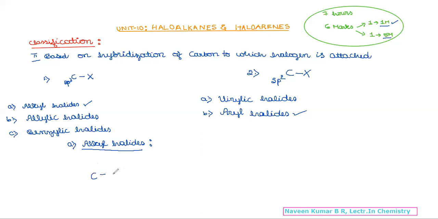Now try to observe a carbon which is attached by a halogen and surrounded by sigma bonds. Now if we observe this, there is one R group attached to the carbon, and here two R groups are attached to the carbon.